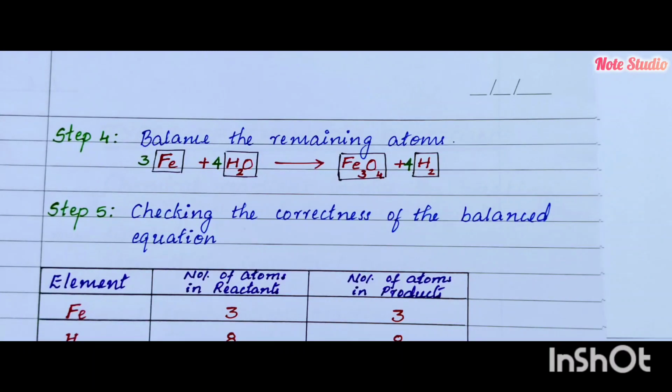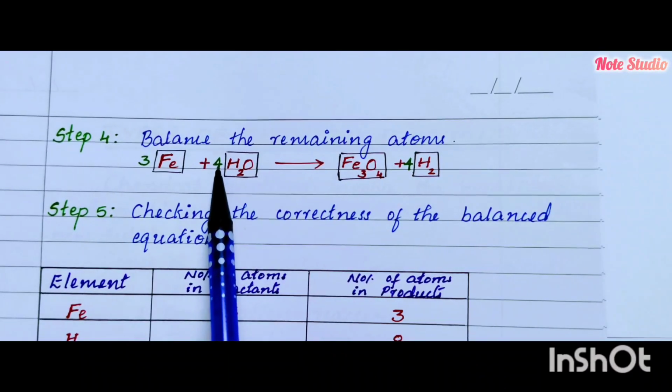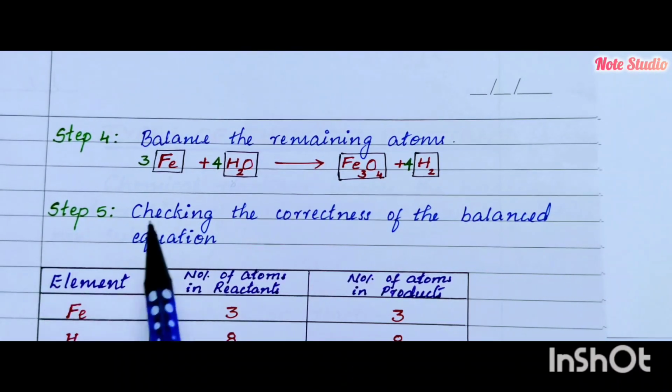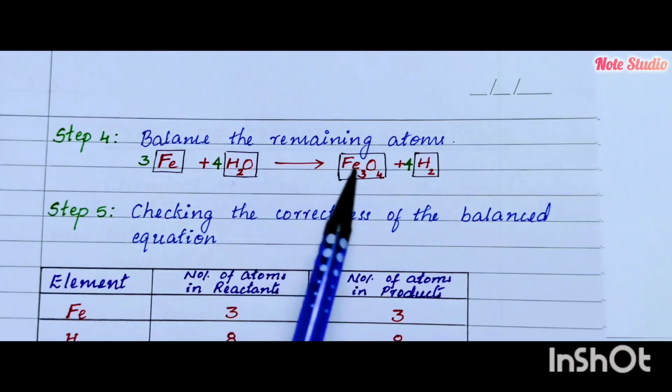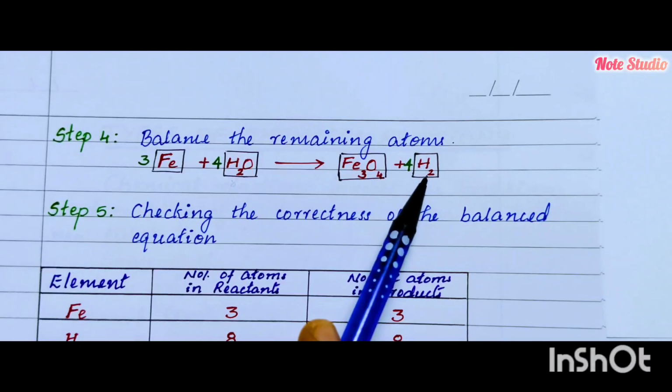We can do it in several steps, but we'll balance everything in this one. Before, we wrote 4 here, and because of it hydrogen has become 8. Now it is time to balance hydrogen in the product side.